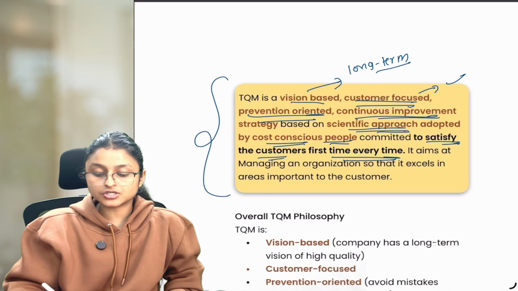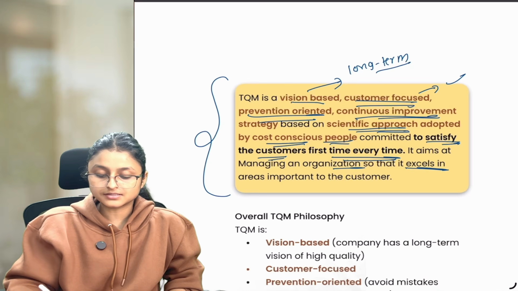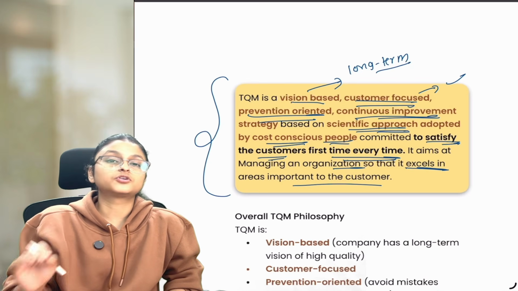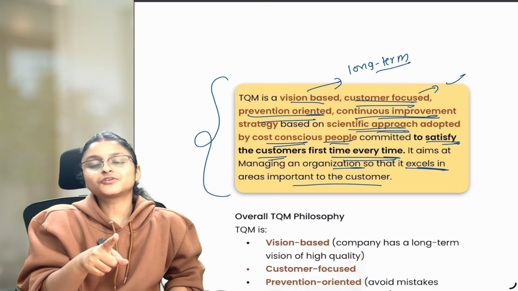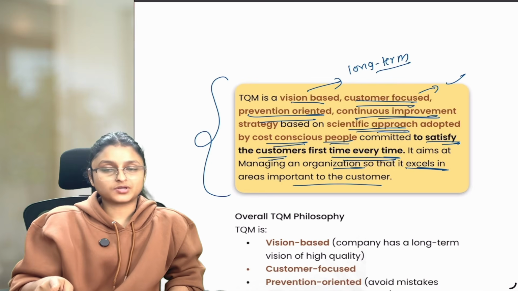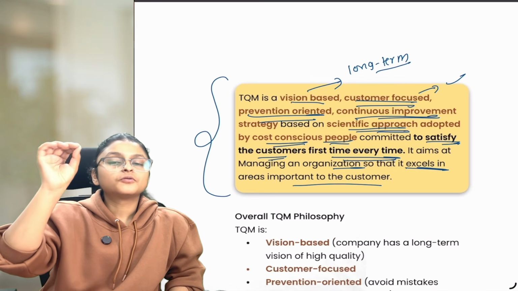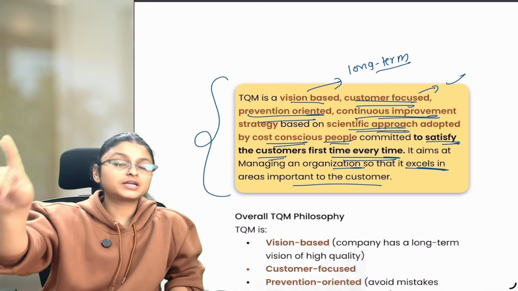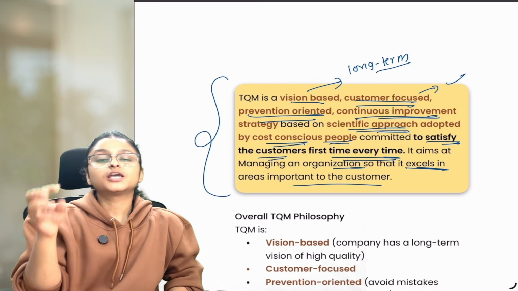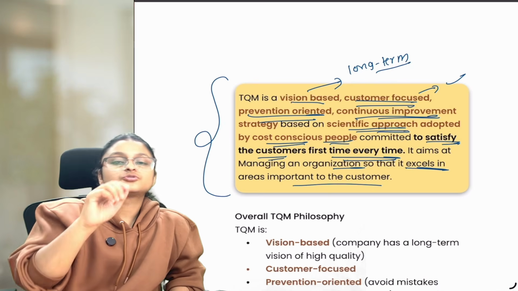It aims at managing an organization so that it excels at every area important for the customer. If you want to excel in every area important for the customer, you should use TQM. If you want to be better or good or provide high quality first time and every time, use TQM. If you are cost conscious, use TQM.